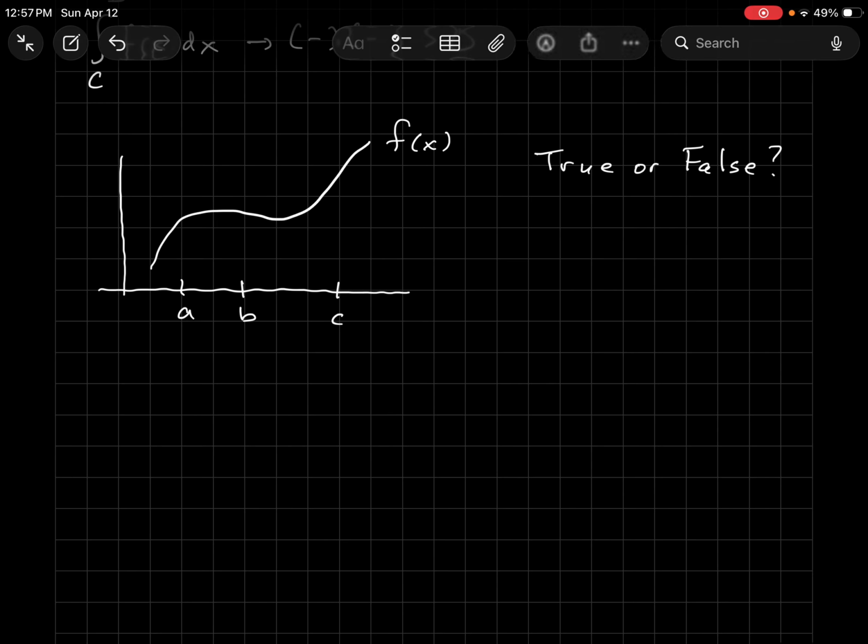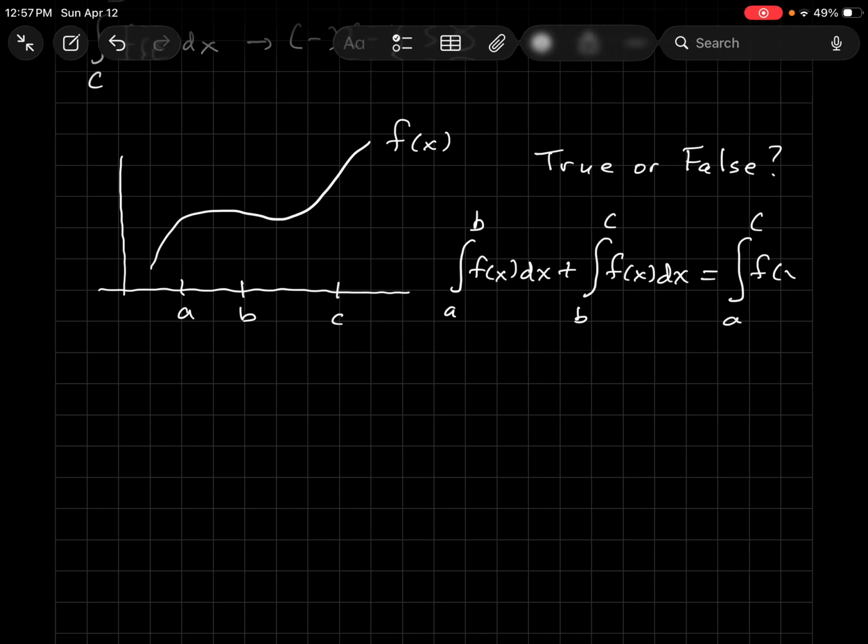Really, the following equation here. Is the integral from a to b of f of x dx plus the integral from b to c of f of x dx equal to the integral from a to c of f of x dx? What do you think?